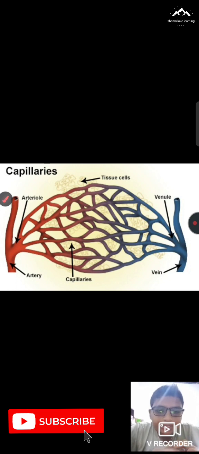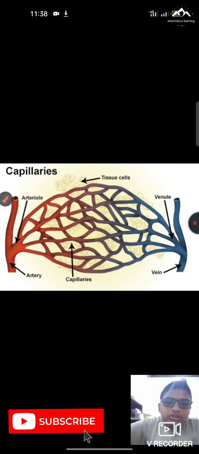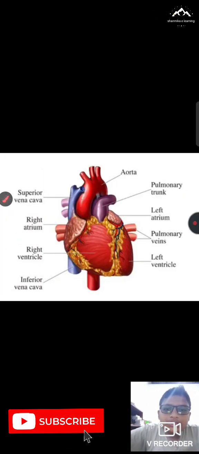Now I am telling you the process of the circulatory system. This is how the circulatory system happens. So then the blood becomes deoxygenated, and it travels through a vein. If I talk about veins also, you can see these blue colored veins. These veins are taking the blood into the heart.